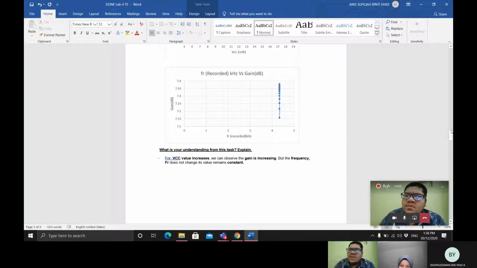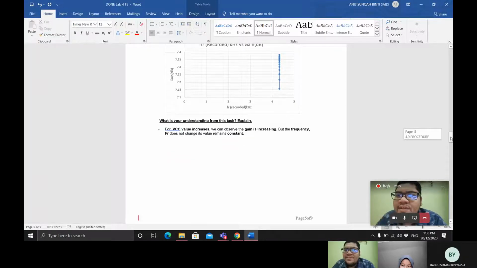So we can conclude for this task that when the VCC value is increased, we can observe the gain is increased, but the frequency FR does not change. The value remains constant. That's all from me, and we will pass to Badrul Zaman.